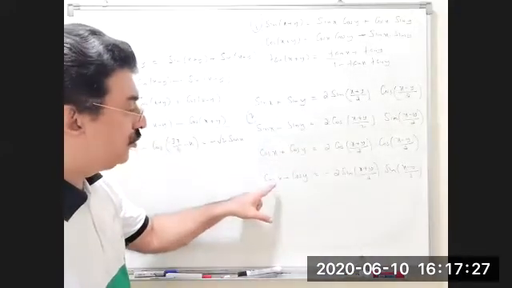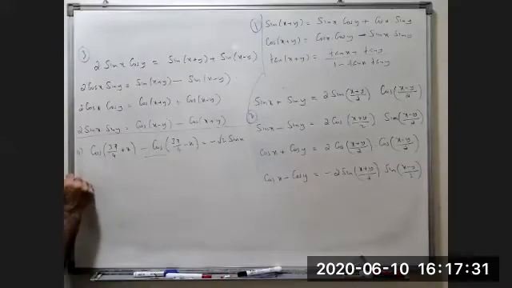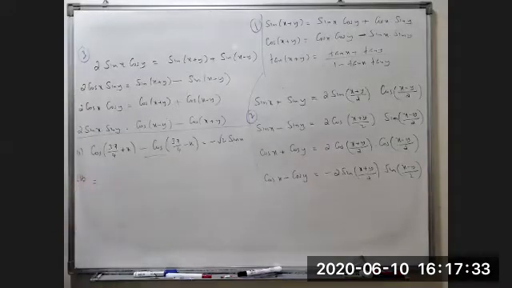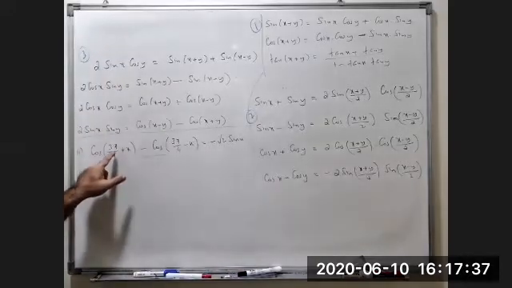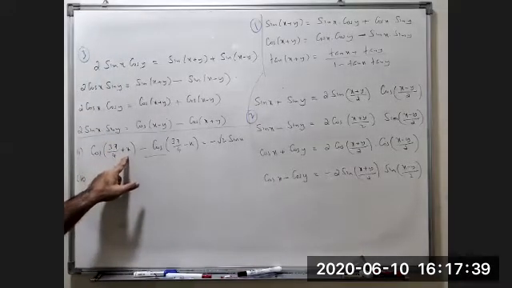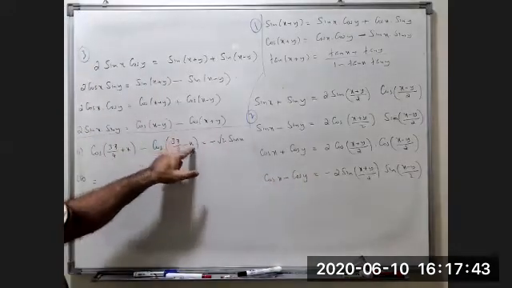So using cos x minus cos y. See that instead of x, our angle is 3π/4 + x, and instead of y, our angle is 3π/4 - x.